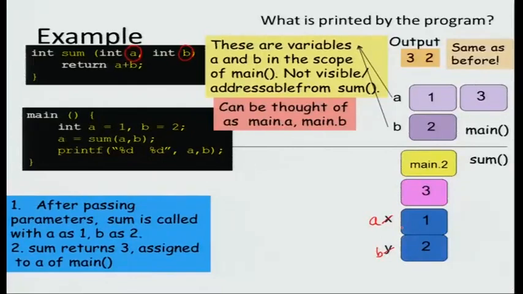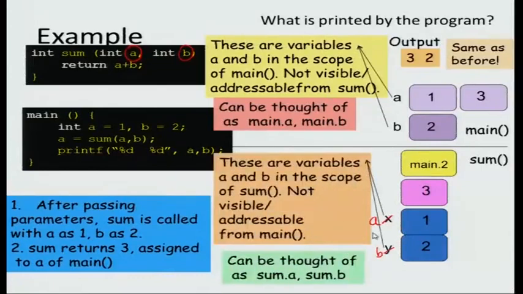function. So, in other words, the a and b inside sum have scope just this function. They are not visible or addressable outside, especially in main. So, if you want to think of it, you can think of them as sum dot a and sum dot b.